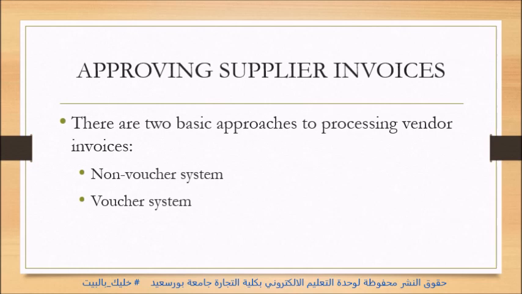This invoiceless approach is called evaluated receipt settlement, or ERS. ERS replaces the traditional three-way matching process of supplier invoice, receiving report, and purchase order with a two-way match of the purchase order and receiving report. ERS saves time and money by reducing the number of documents that need to be matched and the number of potential mistakes or mismatches.